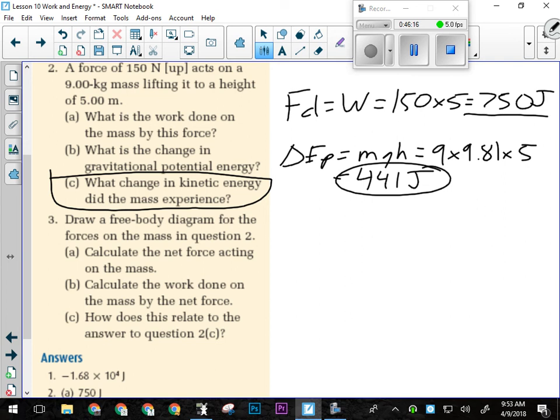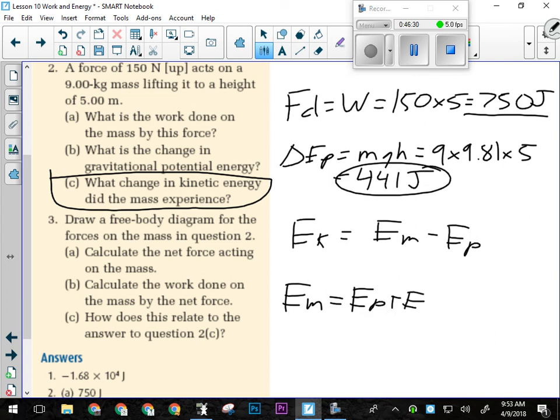So all I have to do to find the change in kinetic energy is take the mechanical energy, 750 joules, and subtract the potential. All I'm doing here, guys, is a manipulation of this formula, that mechanical equals potential plus kinetic. I'm just manipulating to solve for EK. So I'll have 750 minus 441.